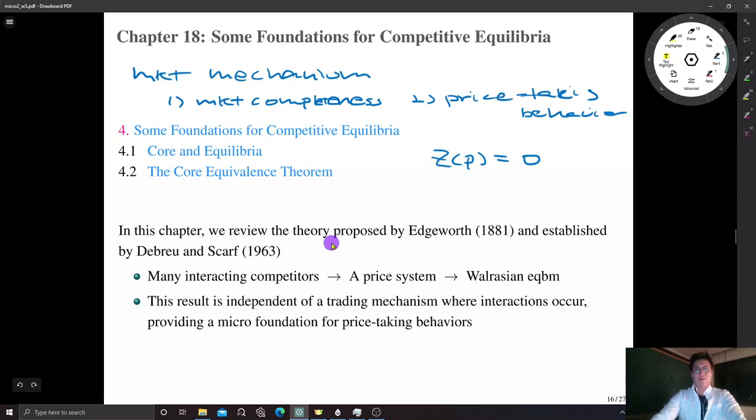Surprisingly, this question was first posed by Edgeworth a long time ago. In his book, written in 1881, he posed this question, and his answer is no. We don't have to rely on the market mechanism. We don't need the market completeness and price-taking behavior assumptions.